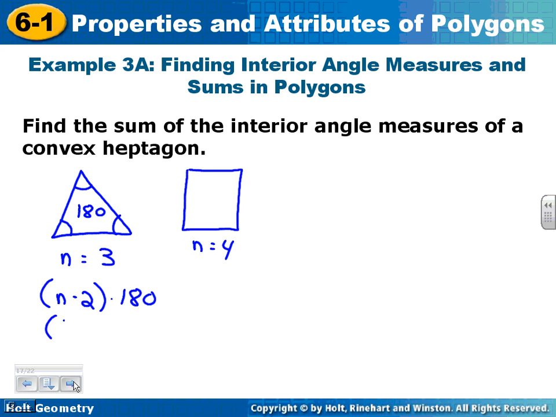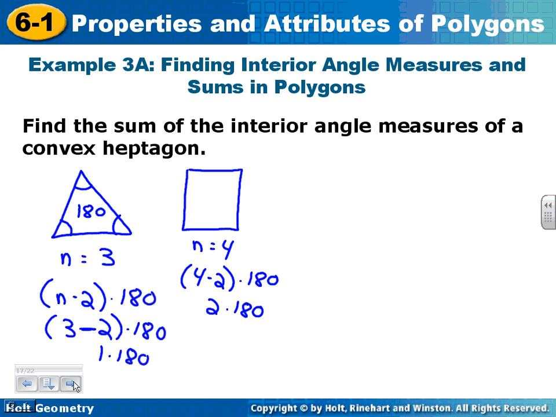In other words, 3 minus 2 times 180, or 1 times 180, which is 180. In a square, it would be 4 minus 2 times 180, or 2 times 180, which is 360, which means all 4 of these angle measures would always add up to 360.